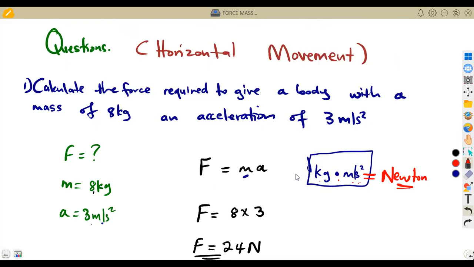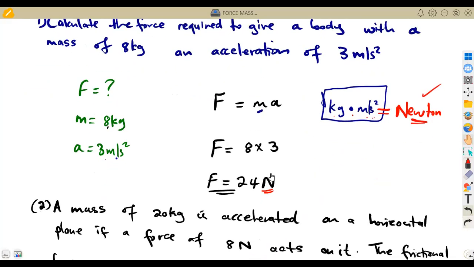This is the definition of a newton. So we are not changing anything. The moment you multiply, and it's kg by meters per square second, that is the newton. So instead of writing this on our answer here, we simply write as what? As newton. Are we together on this one?